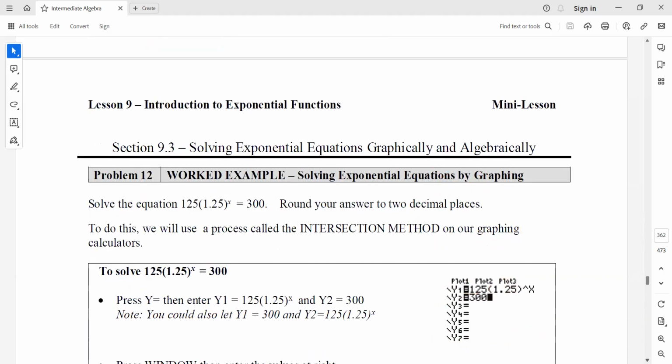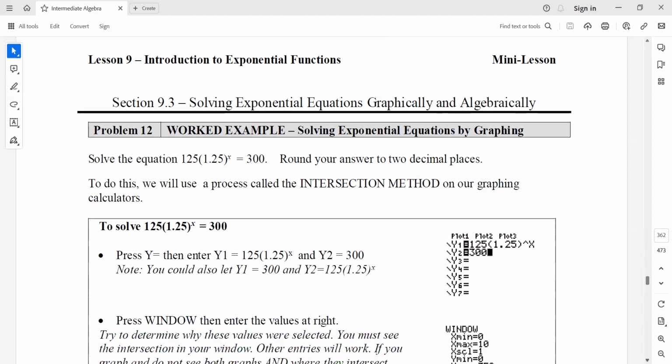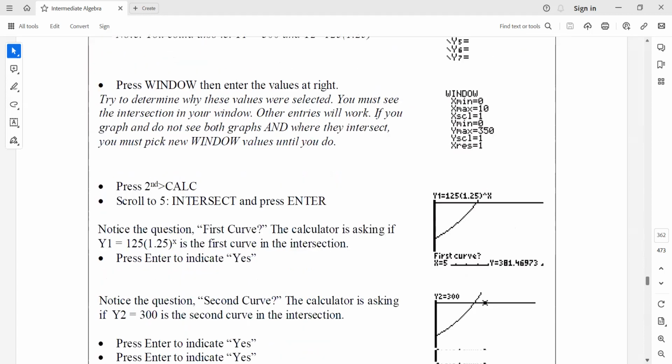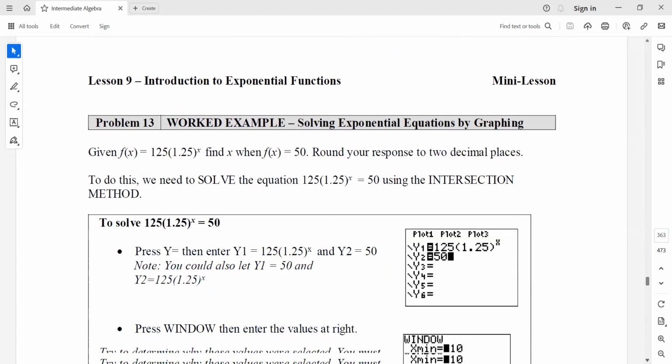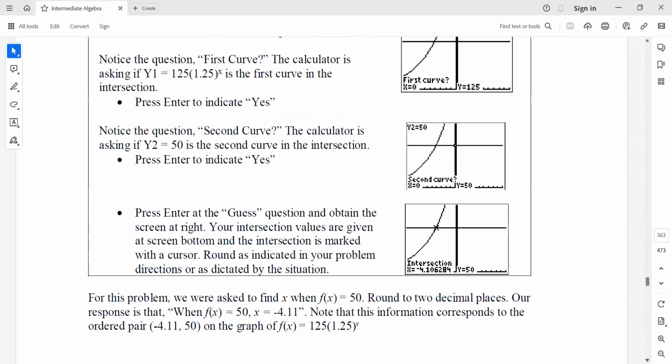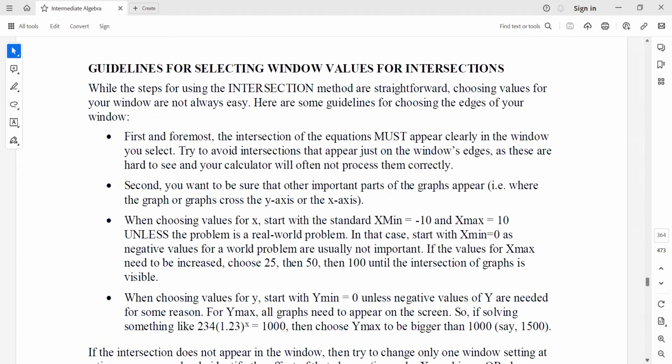Now, what about 9.3? In 9.3, we want to solve exponential equations graphically and algebraically. Let's look at some examples that would help us. Again, we're still going to use the intersection method, so hopefully you remember that.